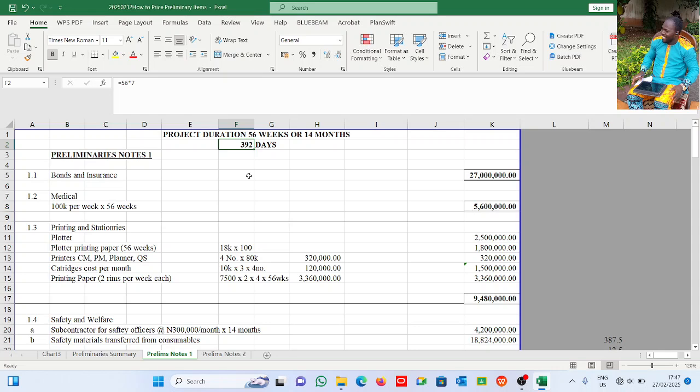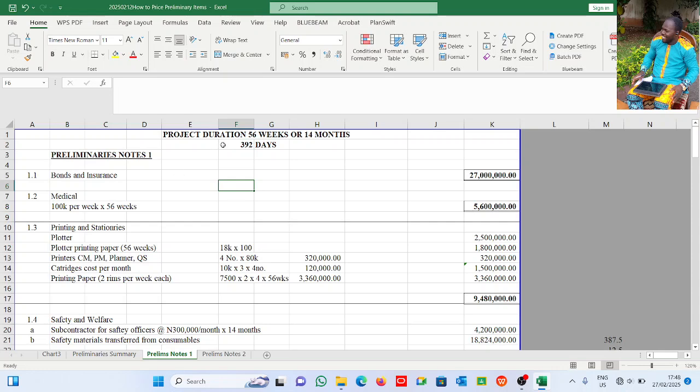Though on the 7th day, say on a Sunday, you may not have too many persons, there will be people there carrying out some works to help you meet up with your timeline.